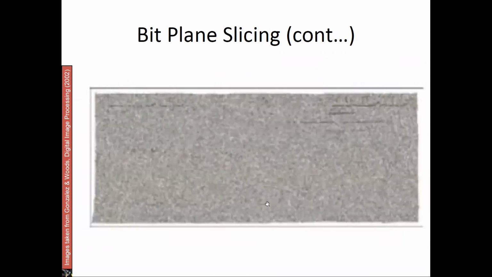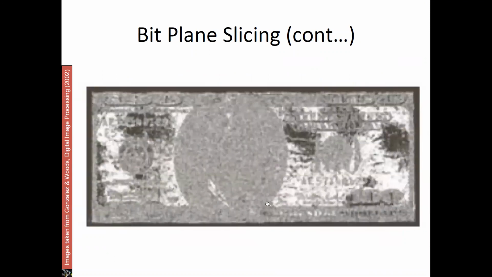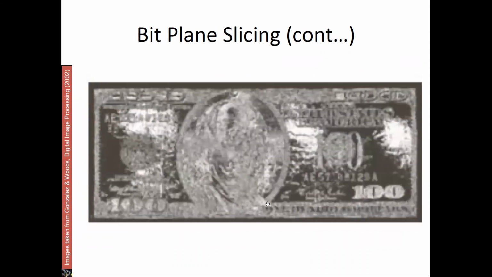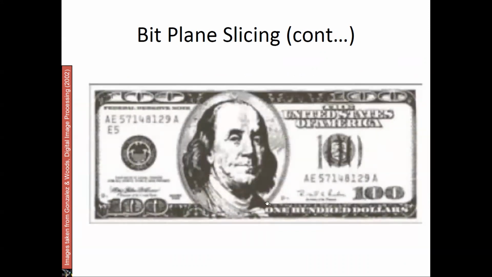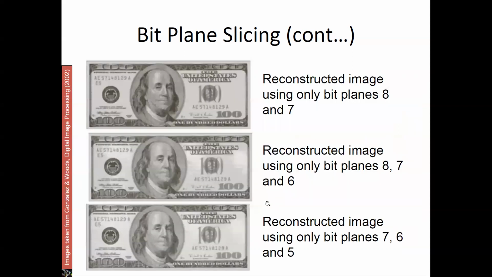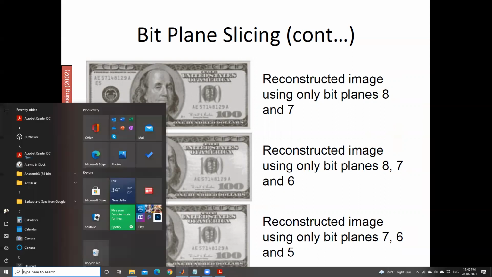The LSB will look like a noisy image, whereas the MSB will work like a binary image, thresholded at 0.5. So you can reconstruct images with different bit planes, and you can have different sets of images based on whether you want to remove the noise, or you can enhance some security features. A lot of security work is done in this way.